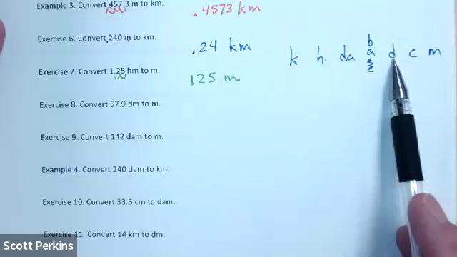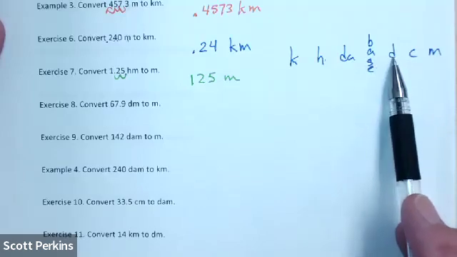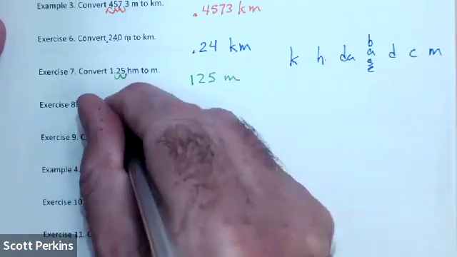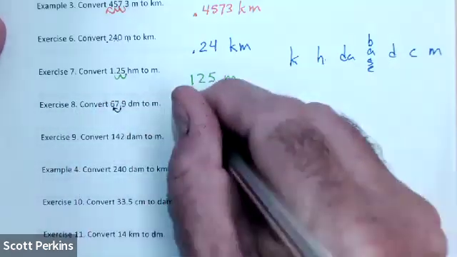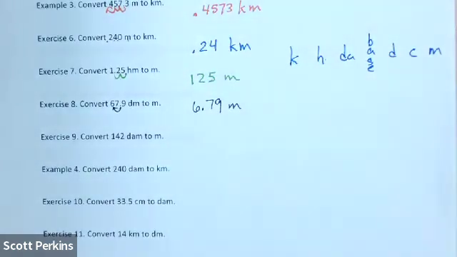So I'm at deci. Again, I'm going to the base. So I'm moving the decimal place. Which direction? I'm going to go left. I'm starting at deci, right here, the D, and then I'm going to meters, so the base. So I'm going to go left once right here. So I'm going to move this decimal right here left one time. And so that's going to be 6.79 meters.